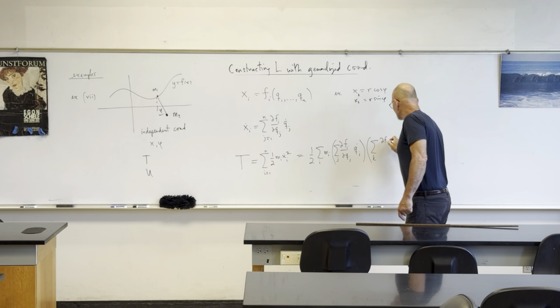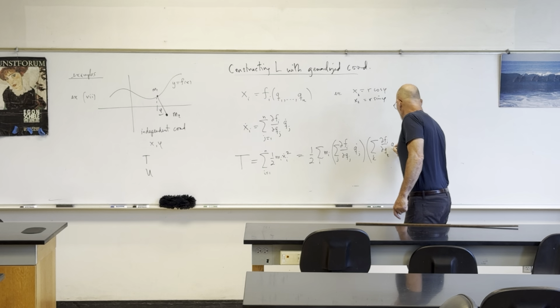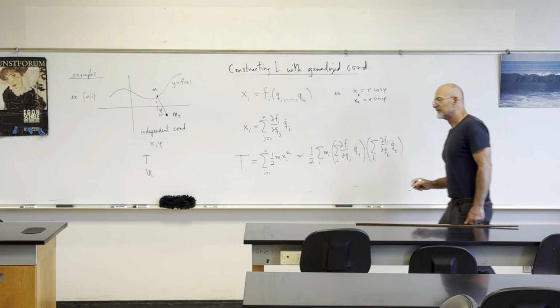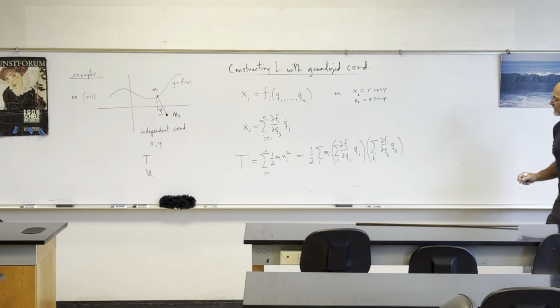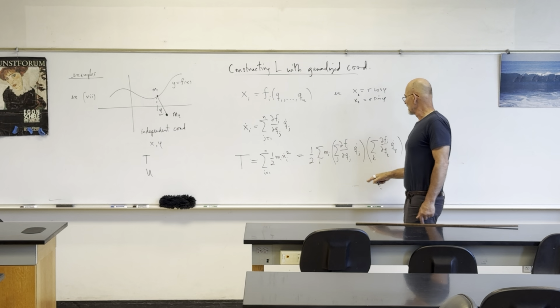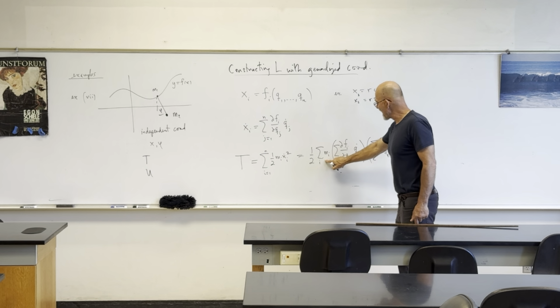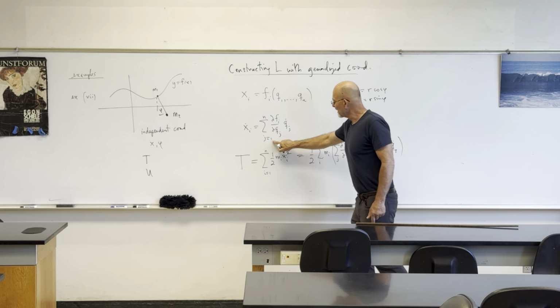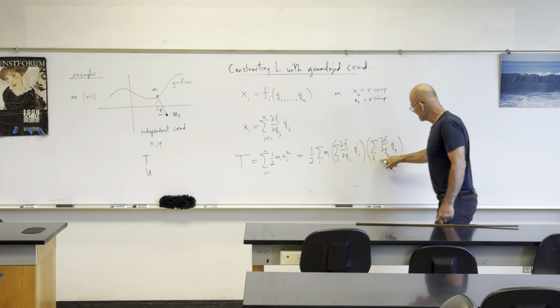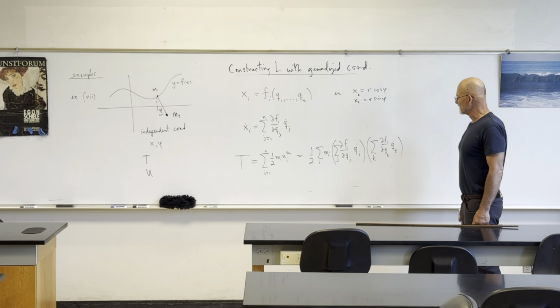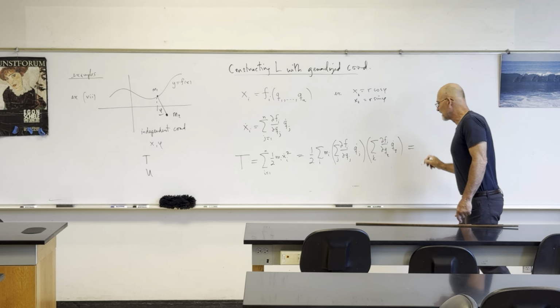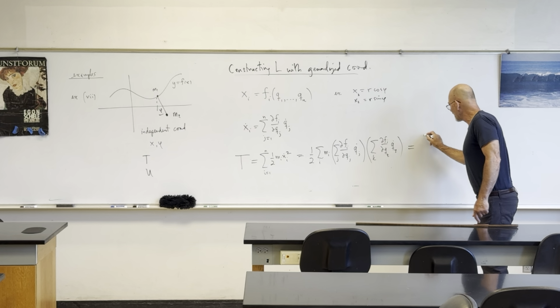So df sub i dq sub k, q sub k dot. So that's a legitimate way of squaring it, because we're summing over all of the i's, all of the j's here, and the same thing with changes of name. But here's the key point. We're going to take the 1/2.